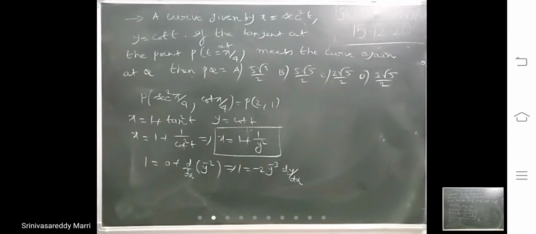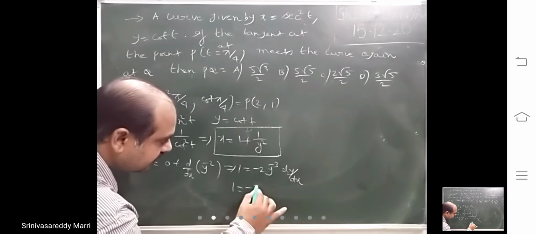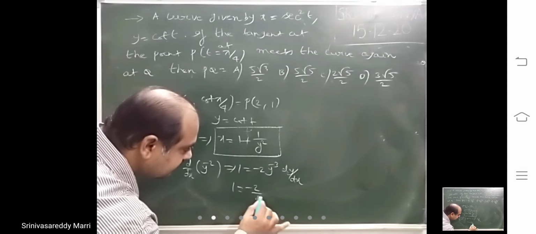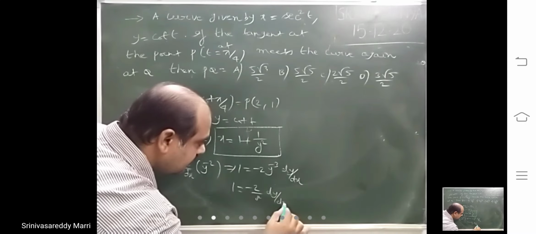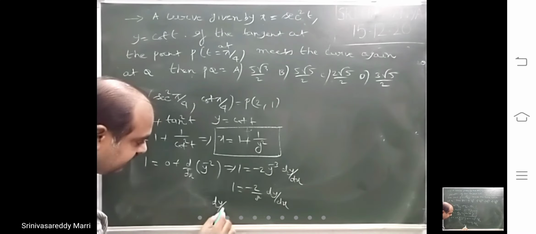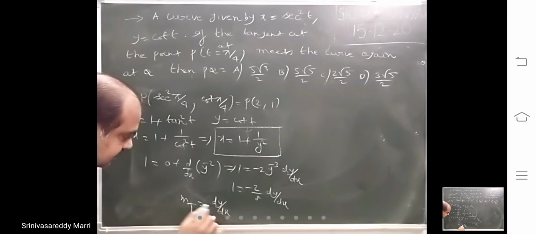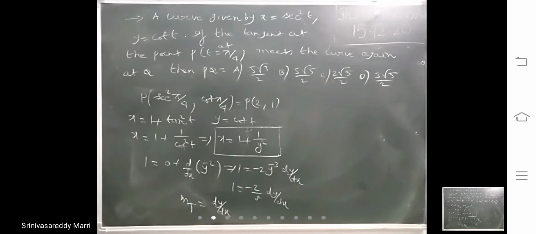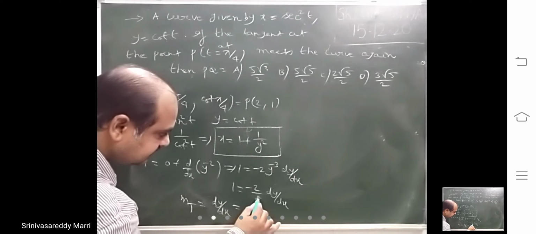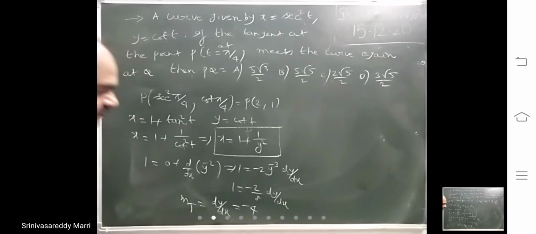Substitute the point 2 comma 1, that means y equal to 1. This dy by dx is the slope of tangent. That means it is minus 2 into 1, which gives minus 1 by 2. Right? Slope of tangent is what? Minus 4. So minus 4.